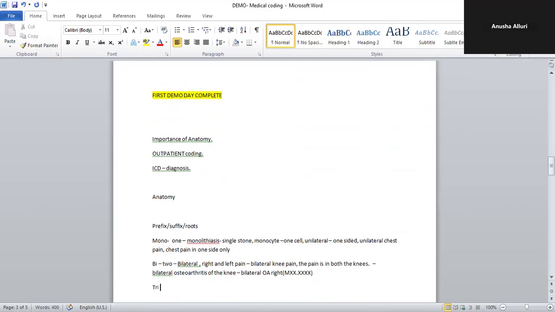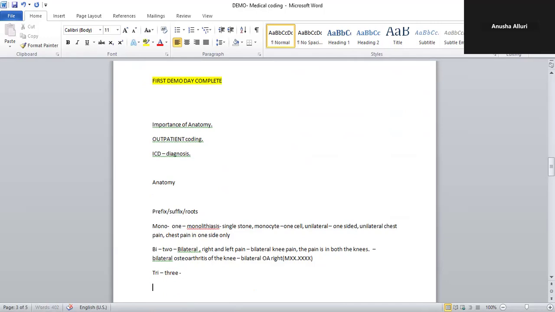Tri is the same; it refers to three. What does quadri mean? Four. Quadrilateral, bilateral, triad, like that.